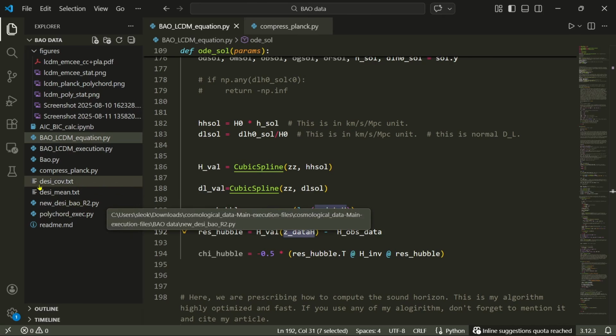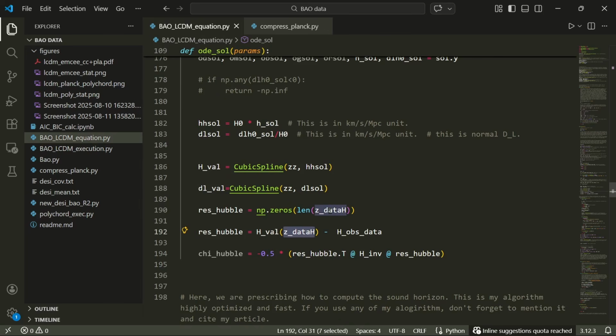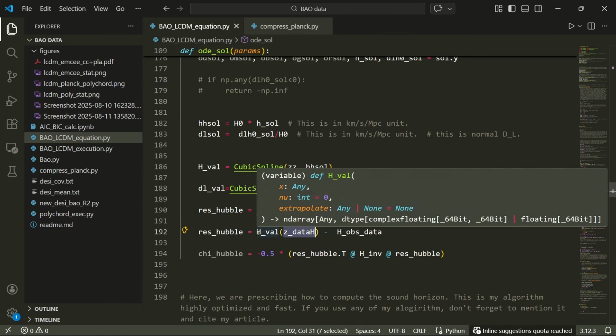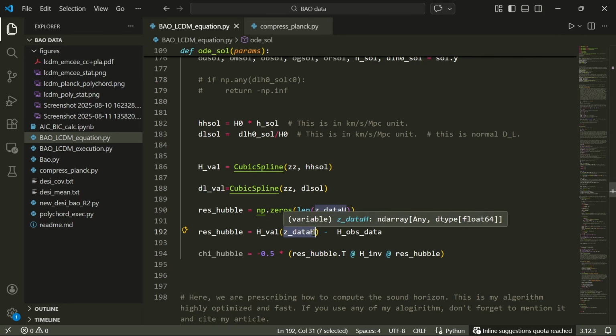So maybe I don't have data over here, but if you just see, this guy is your zz. Okay, this is the redshift, and this is the corresponding value. So your x-axis, your y-axis. So what is basically happening is that I am finding the value of Hubble, the theoretical Hubble, at every redshift that is obtained from observation, right?